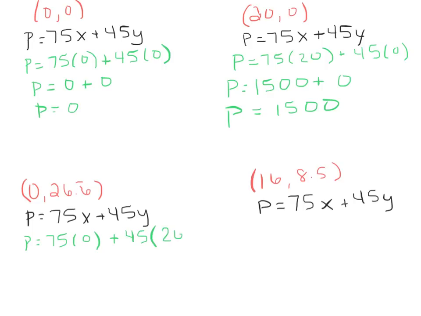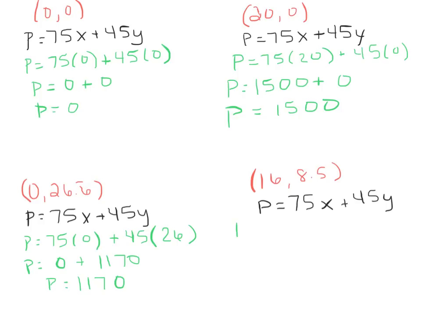So we get P equal to 0 plus 45 times 26 gives us 1,170. So P equal to 1,170. So that's a profit of that much. And then we'll do the last point.